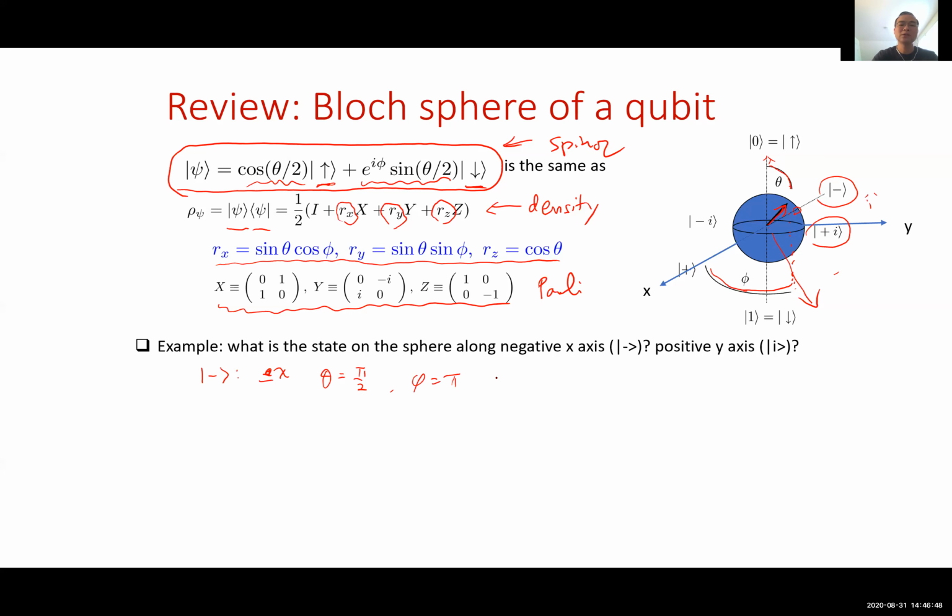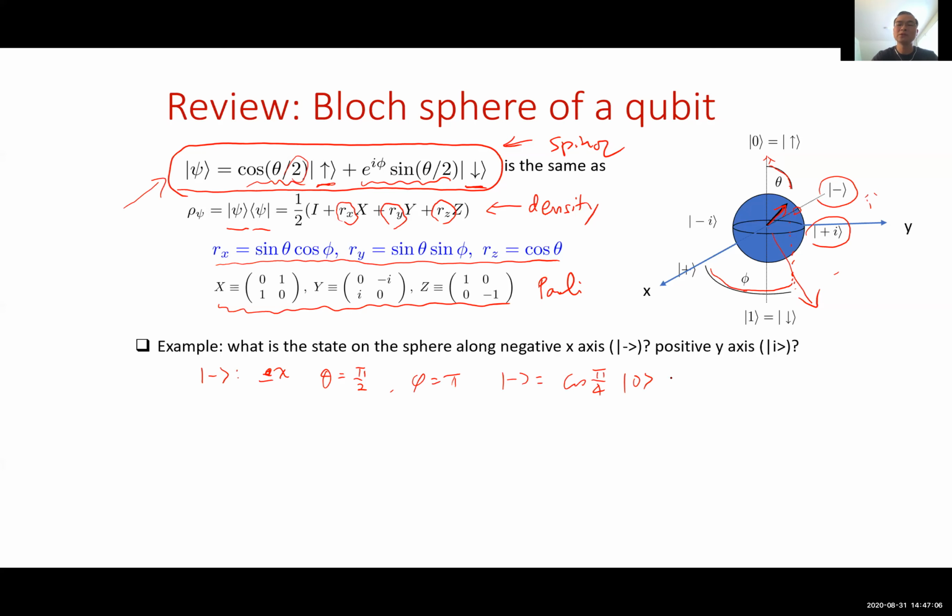So this minus state, using the spinor, this is cosine pi over 4 because there's a factor of 2, up.